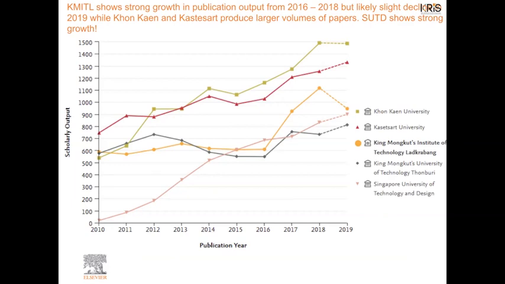We see that Khon Kaen and Kasetsart produce similar numbers of papers, a little bit more than KMITL, while the Singapore University of Technology and Design went from almost no papers in 2010, something like 20 papers, to having almost as many papers as KMITL in 2019.